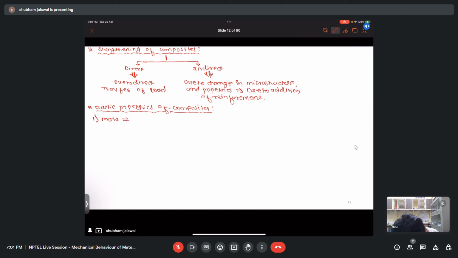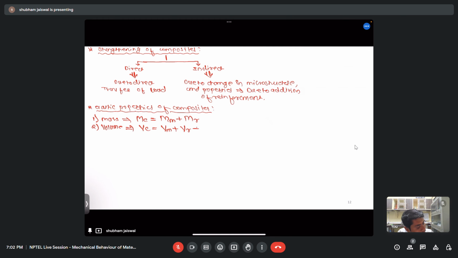So, the mass of composite Mc will be equal to mass of matrix plus mass of reinforcement. The second is the volume. So volume of composite will consist of volume of matrix plus volume of reinforcement, and there might be some porosity or voids present. So that we know.